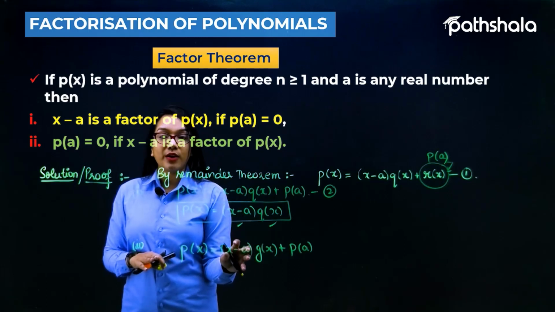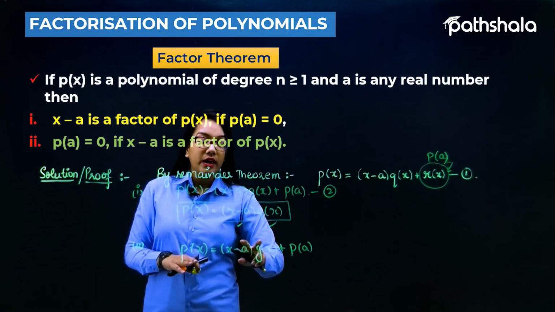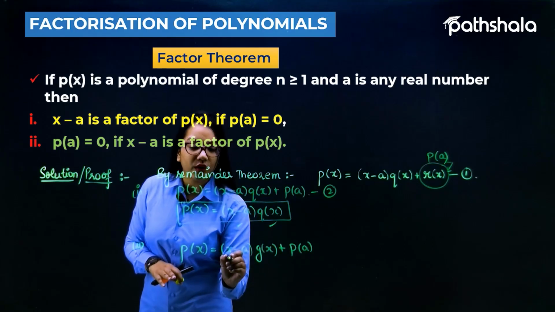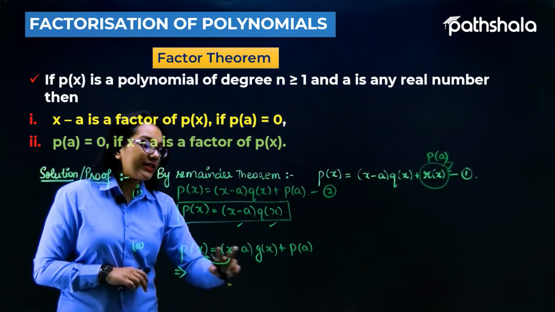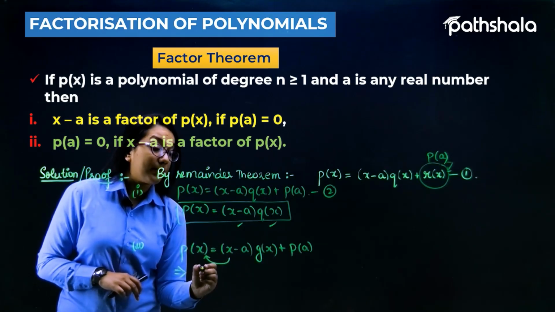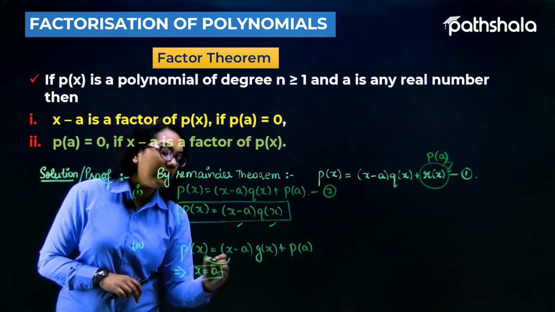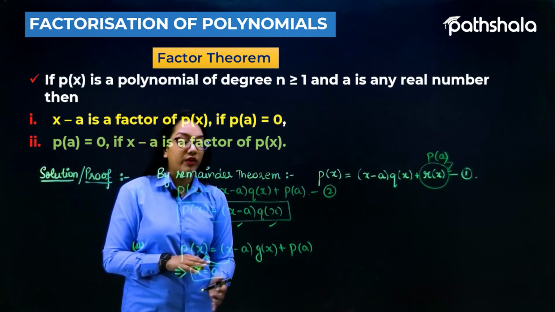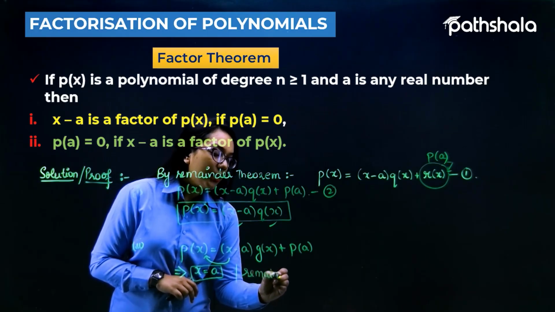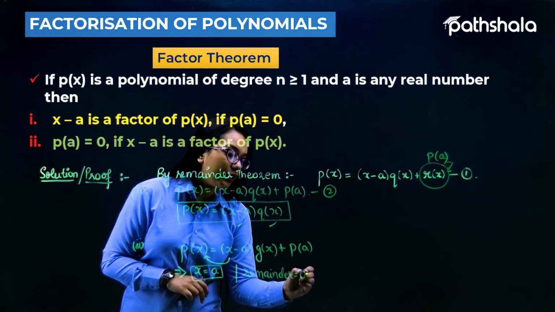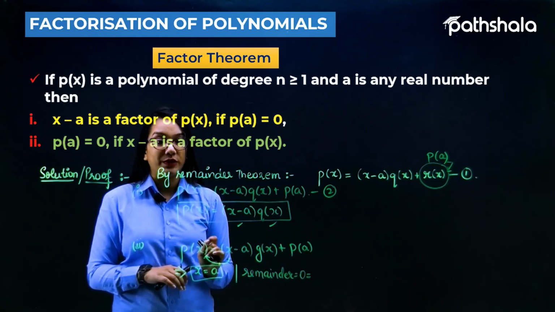So what can we obtain from this? If x minus a is a factor of p of x, then we can substitute x equal to a over here. And moreover, the remainder should be equal to 0. It means that p of a should be equal to 0.